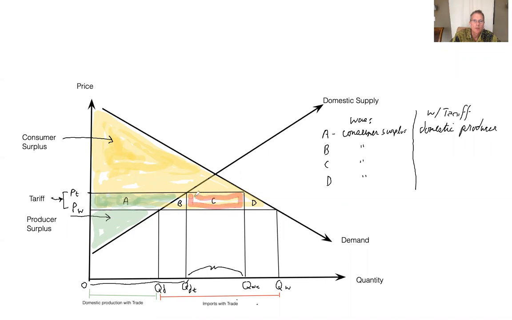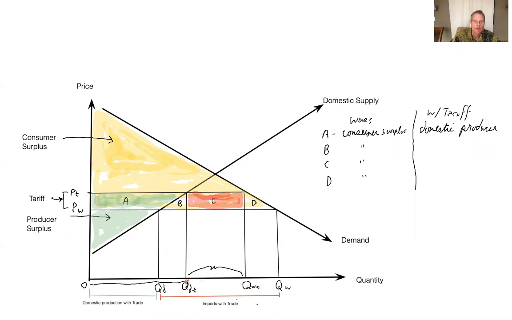If you think about it and look at the sides of C, it's the amount that the foreign producers are selling, so QDT to QWT, multiplied by this side, which is the amount of the tariff.